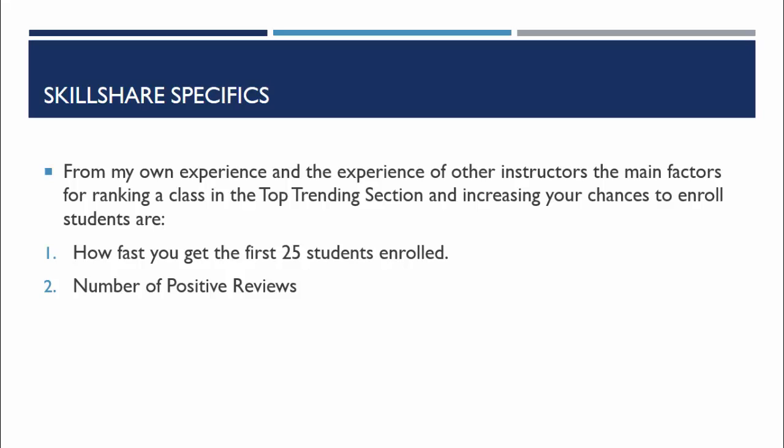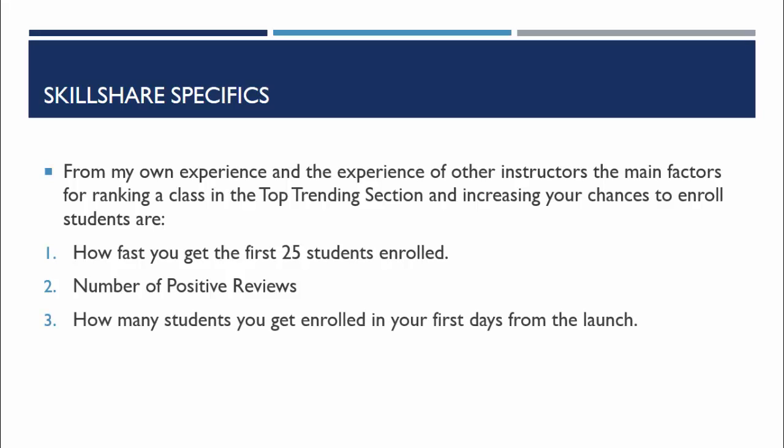When they calculate your points, that will give your class a higher or lower position in the trending section. So you have to get your first 25 students very fast, have a high number of positive reviews, and then it's all about how many students you get enrolled in your first days from the launch.